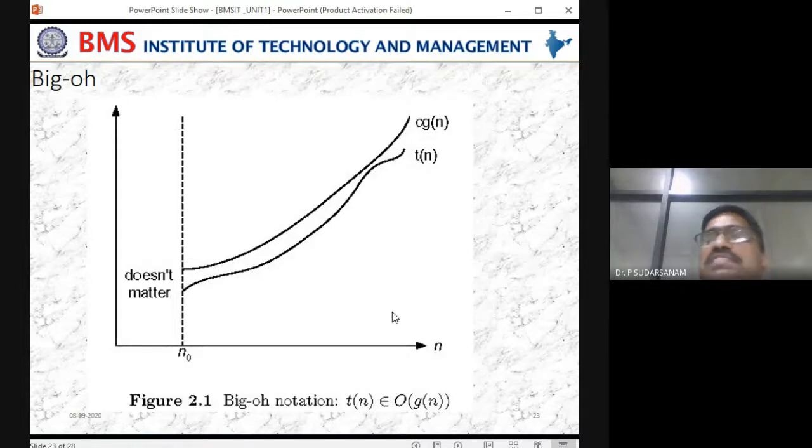With this graph, how the values will be taken and how it will be working, we have to check in our syllabus. So T of n is called one function, and g of n is also called one function. This is the big O notation definition, and we have to write the definition for this.